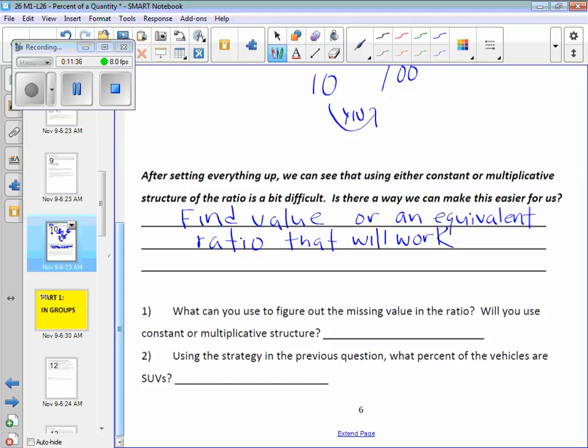Then, what do we use? Constant or multiplicative structure? Jordan. And we got 40% are SUVs.